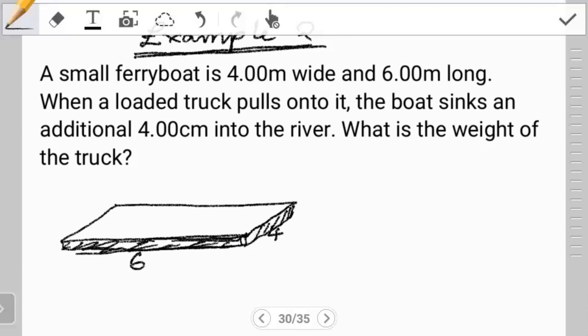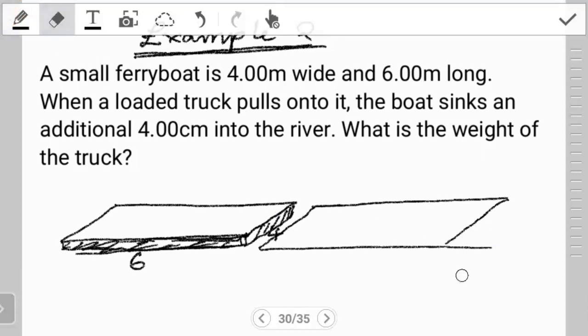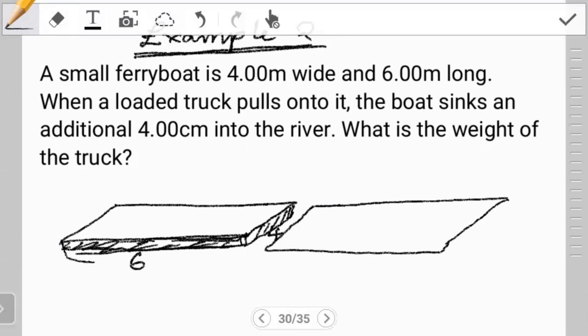Now, what the question is saying is, when you load a truck onto this boat, so let's say this is our boat again. When you load a truck onto this boat, what is noted is that the boat sinks further. So initially, let's say you had a small portion of the boat, so let's say this is what you have for the boat.